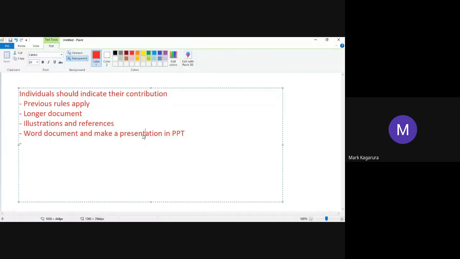I prefer you make a Word document with the references, and then you submit the PPT when you're doing the presentation.